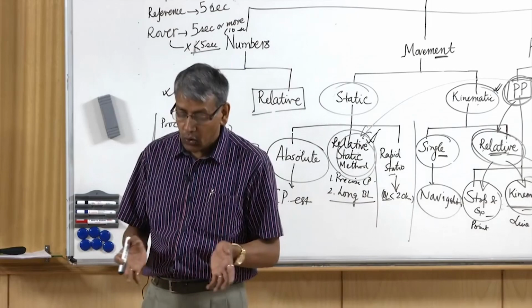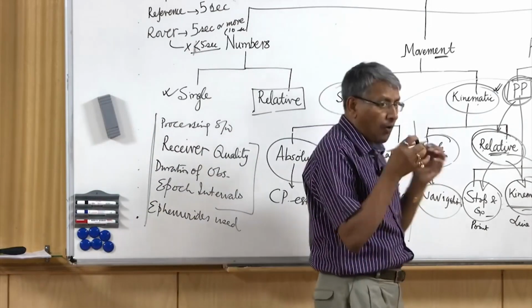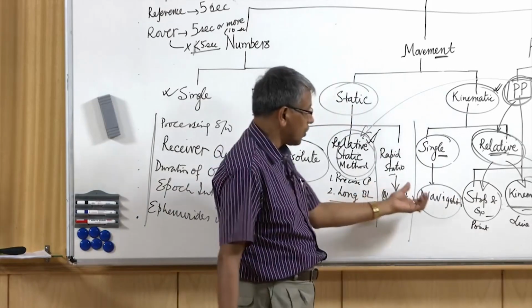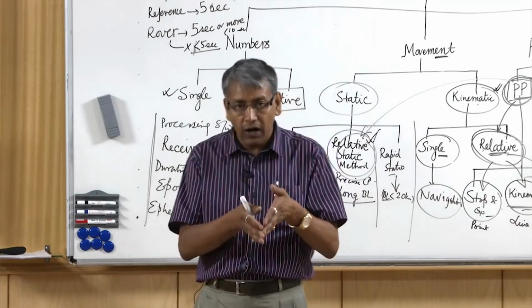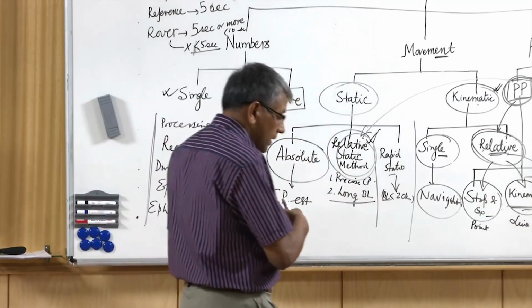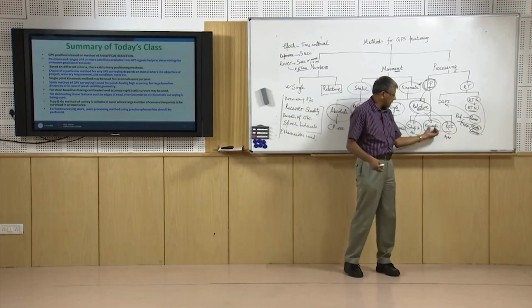If we want to position point objects, then we should go for the stop and go method. If we want to go for line objects like a road or railway line, we should go for the kinematic method.